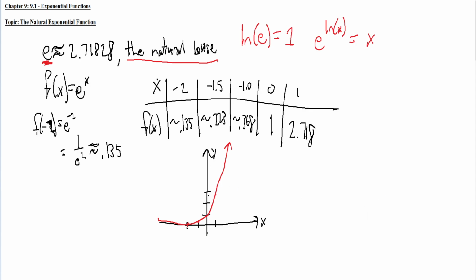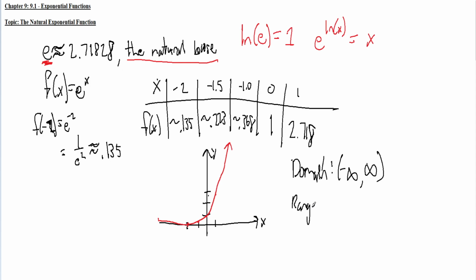And so, finally, to just end this off, we can talk about the characteristics of this function. So, the domain, let's look at this here, the domain, it's defined for all real numbers, so it goes from negative infinity to infinity.